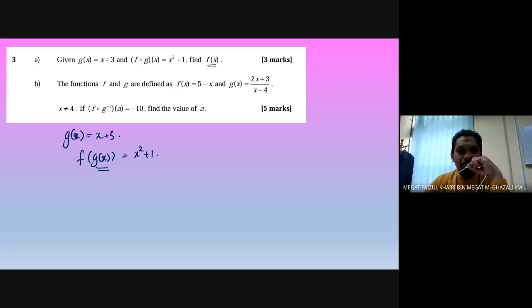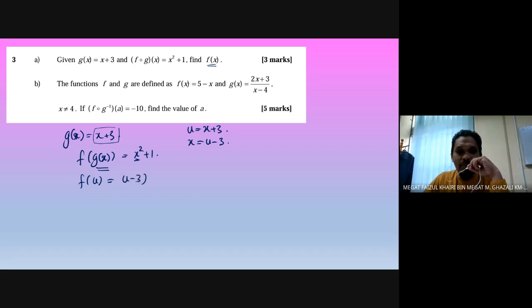From this, let u equal x + 3, then x equal u - 3. So this x + 3 we assume as u, and this x we substitute with u - 3.